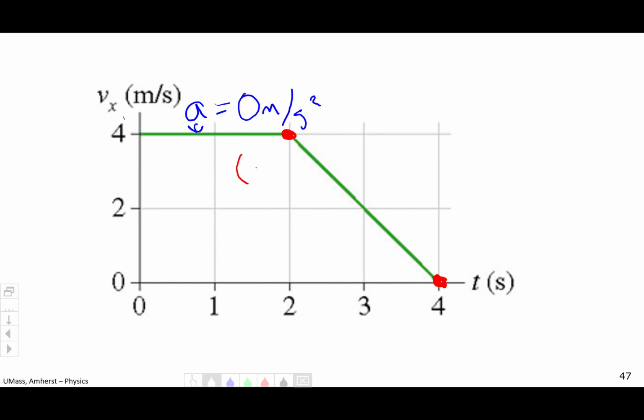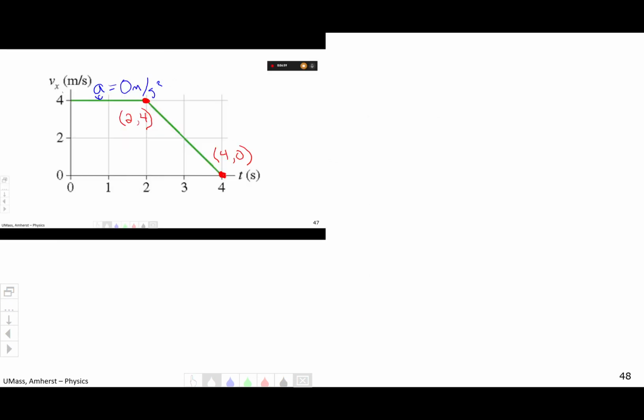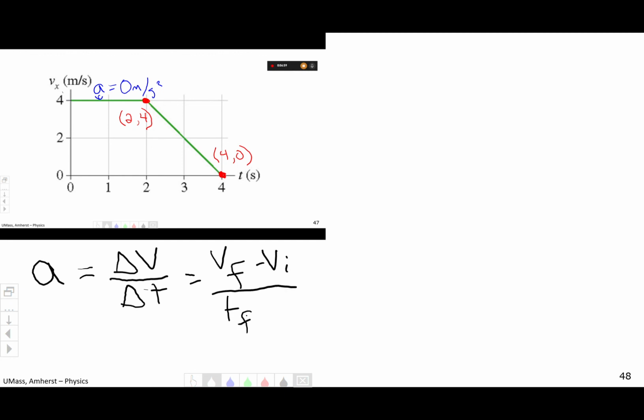Let's pick some points. This is (2, 4) and this is (4, 0). Let's use the acceleration formula, which is delta v over delta t. That means vf minus vi over tf minus ti.